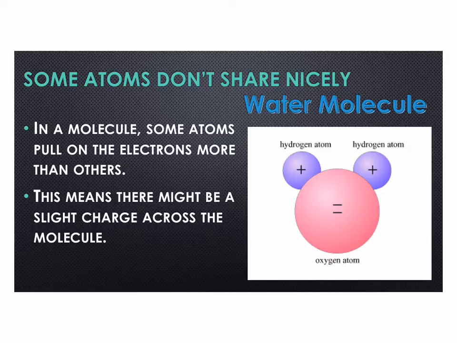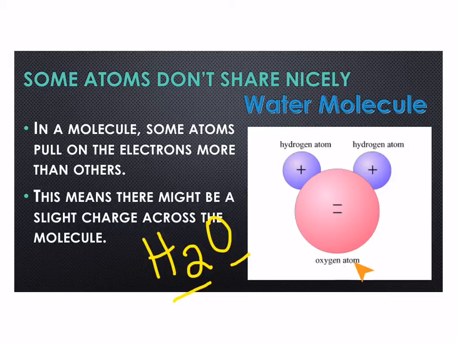The example is water. Water is H2O. It has two hydrogens and one oxygen atom. In a molecule of water, the oxygen atom holds more tightly onto the electrons. So in one water molecule, one end will be negatively charged and the other end will be positively charged.